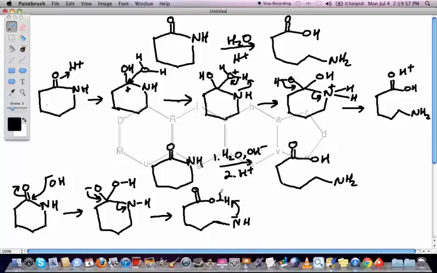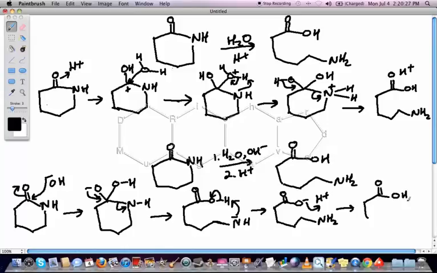Now the N negative will take a hydrogen off the carboxylic acid, and then in the second step we can have H plus added to the O negative, and we end up with our product.